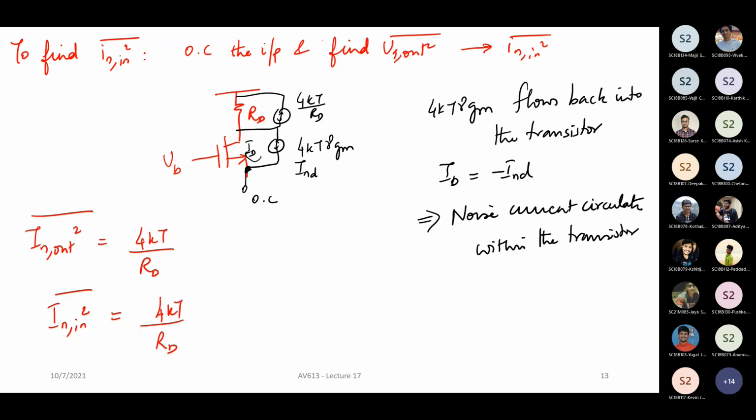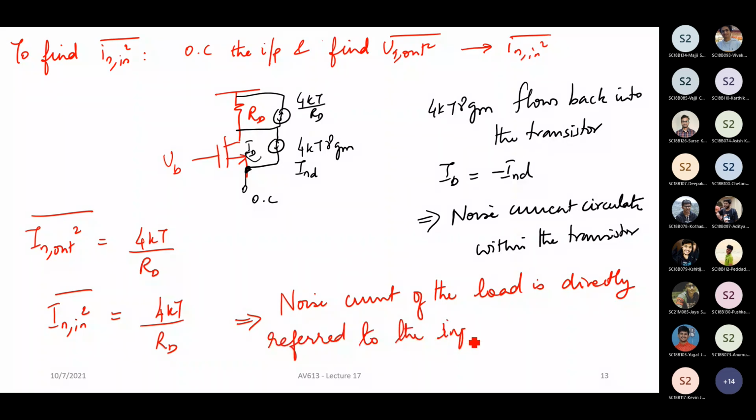The same current is going to flow through the input also. In other words, what are we saying here? Here we are saying that the noise current of the load is directly referred to the input.